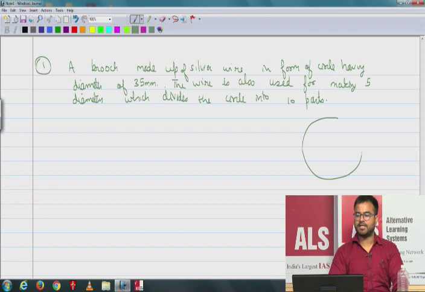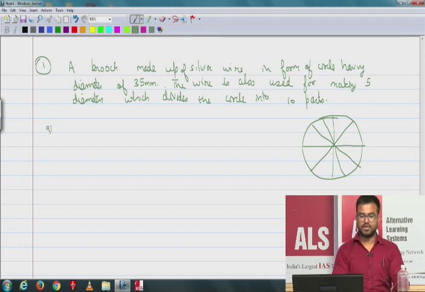So the diagram is like this. This is a circle. It is made up of a wire, silver wire, and there are 5 diameters. 1, then 2, 3, 4, and one more, which is 5. So it divides the circle into 10 equal parts.